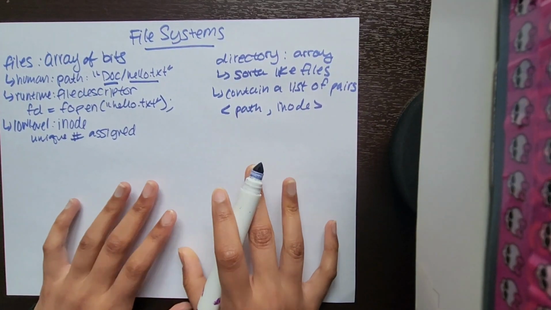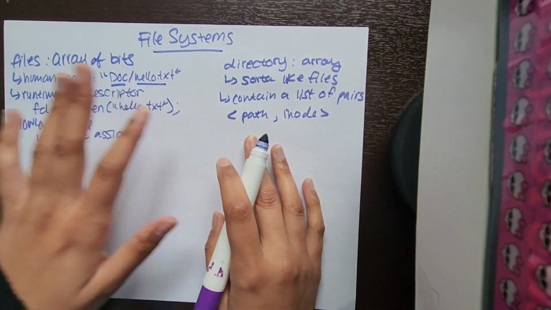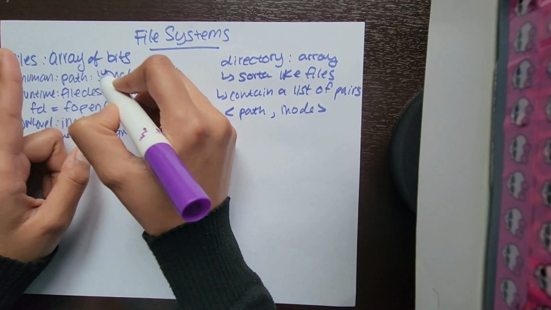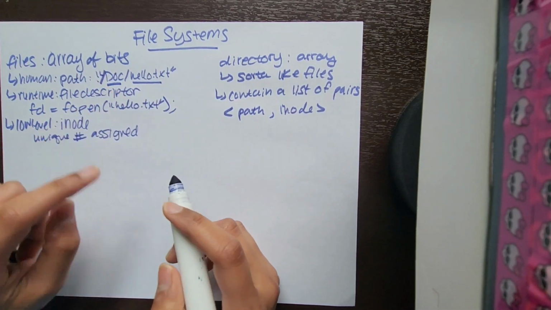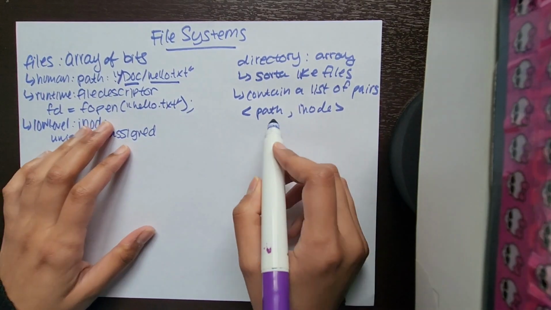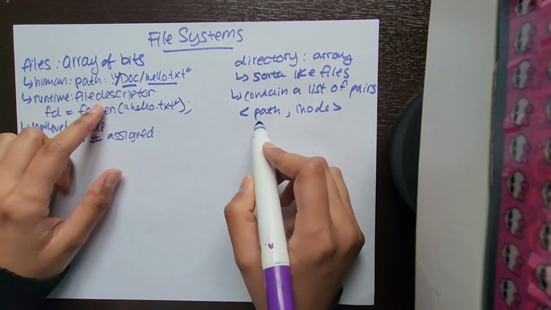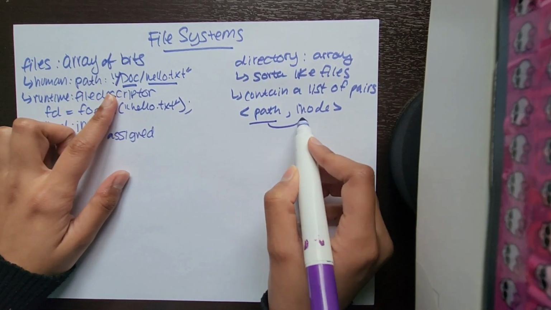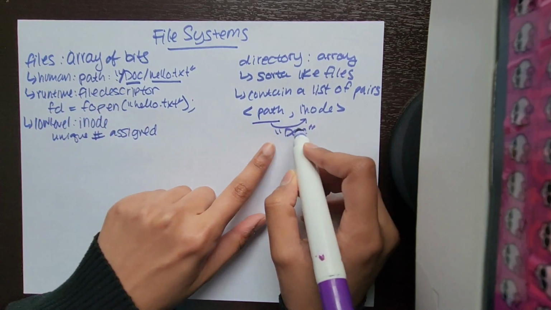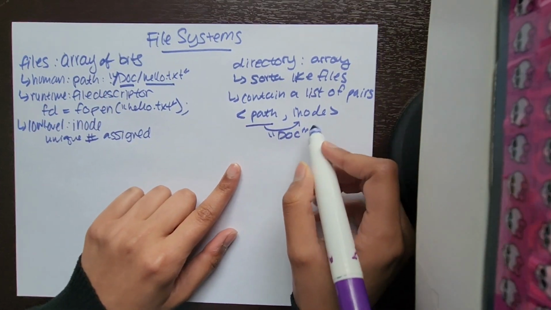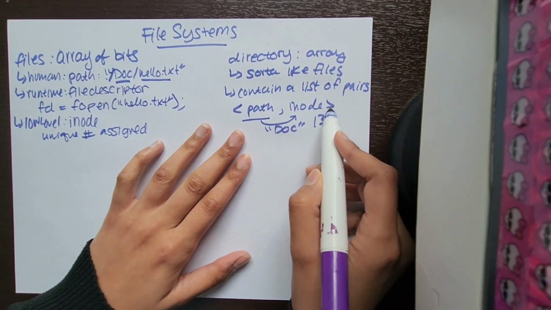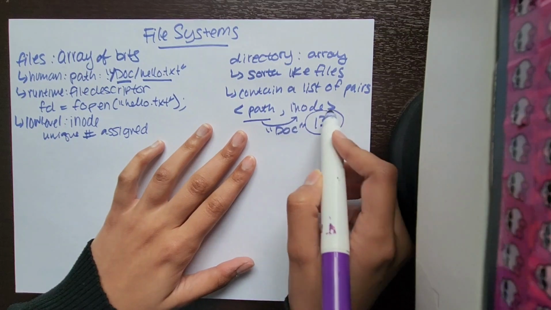Then, traversing through a directory to find a file: if you're in the root directory and you want to go to documents and then find hello.txt, what you would do is go to the root directory and find the inode that's correlated to documents. Documents is the name of the path, and say the inode is number 7.